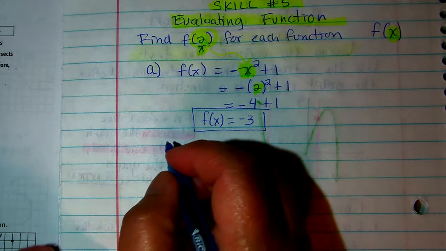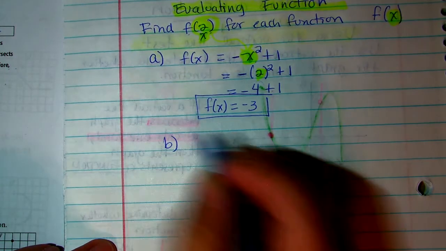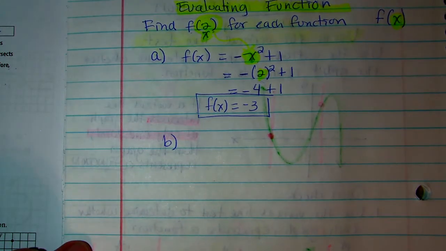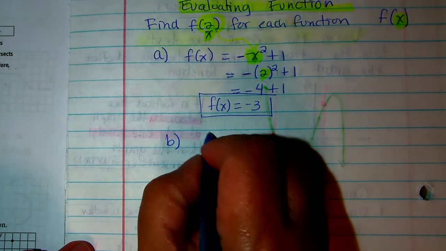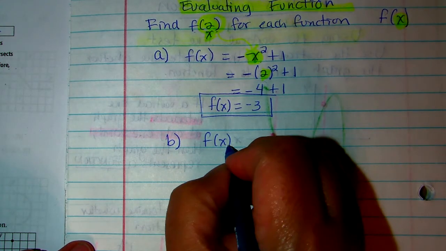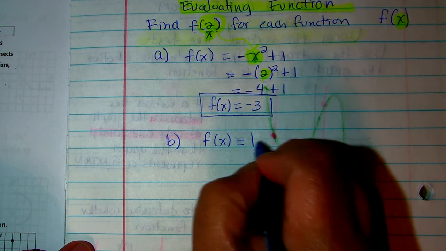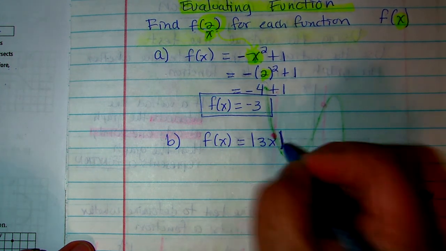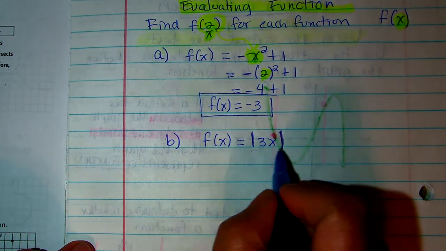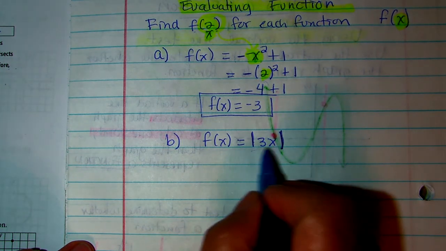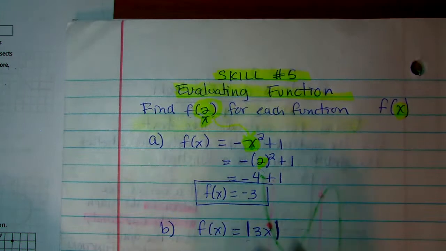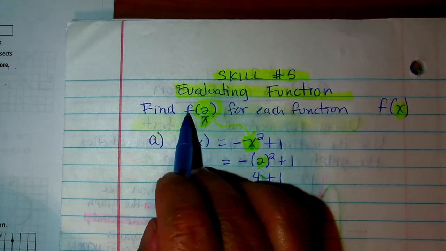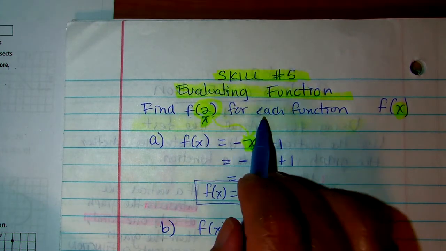For letter B, look at what is going to happen. f of x equals the absolute value of 3x. Sorry, it's a vertical bracket. Remember that these are the absolute value brackets. It says find the function of 2 for each function.